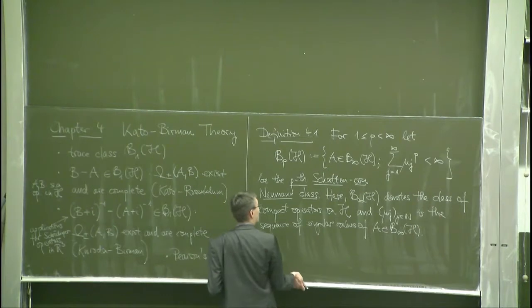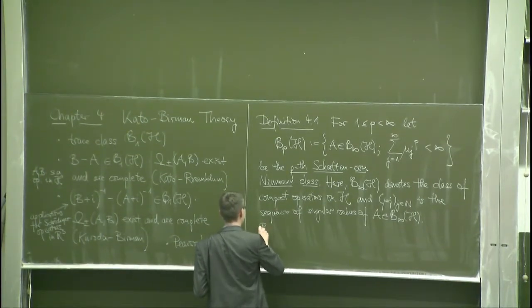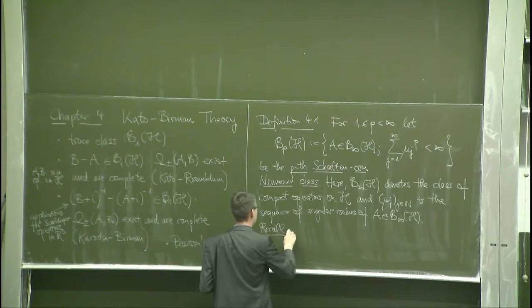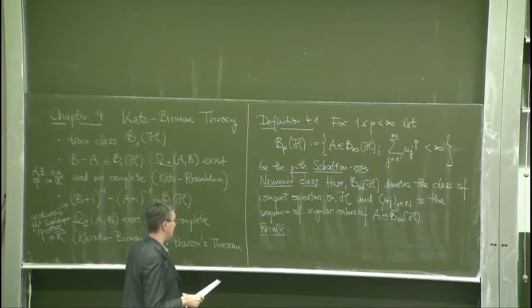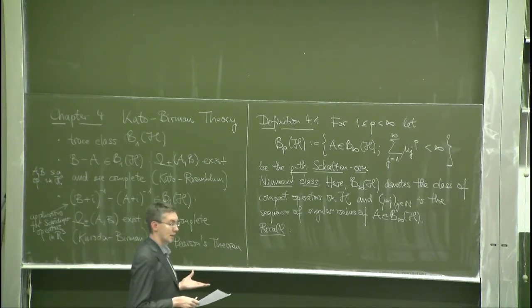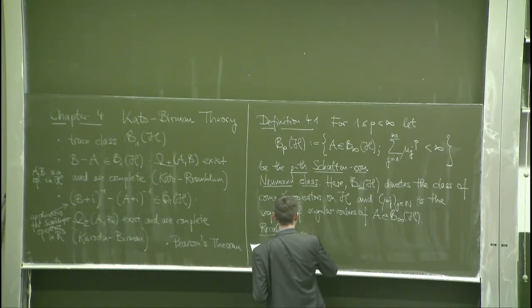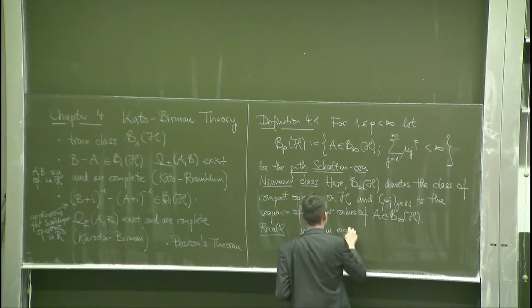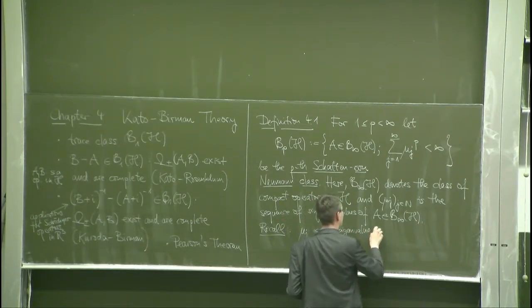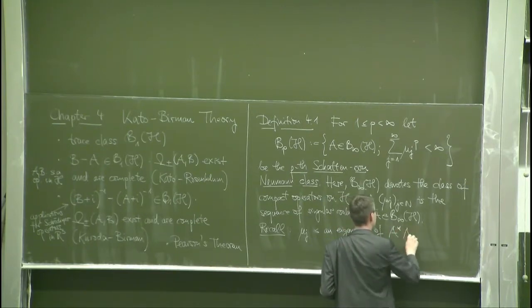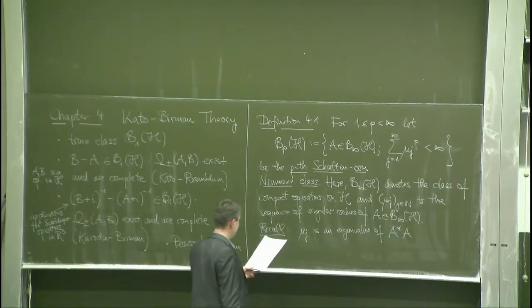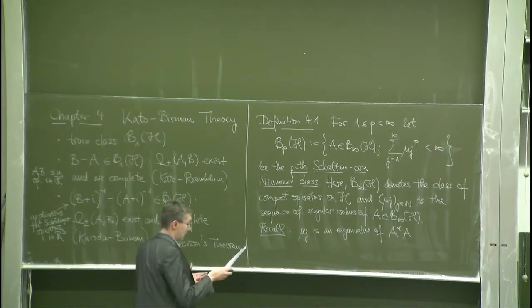Recall from basic theory, if you have a compact operator, let's say A, then these singular values are the square roots of the eigenvalues of A star A. So we have that mu j is an eigenvalue of A star A, and these eigenvalues are repeated according to their multiplicities, of course.